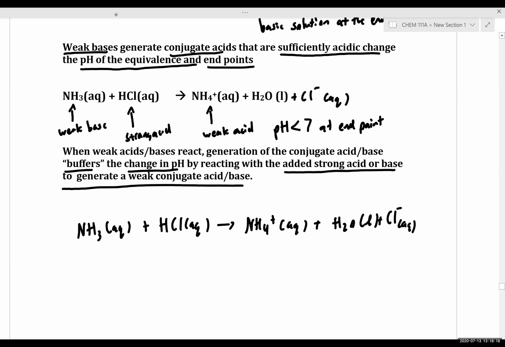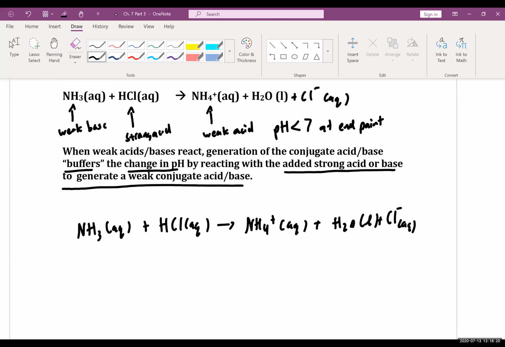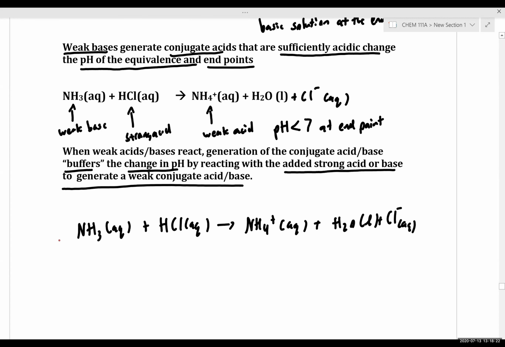In effect, using our buffer, we've taken a strong acid in our solution and reacted it to generate a weak conjugate acid of our buffer.